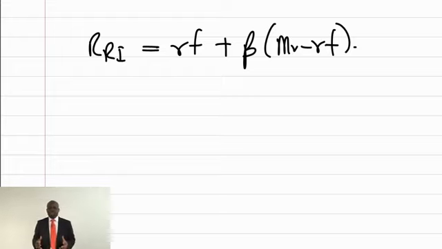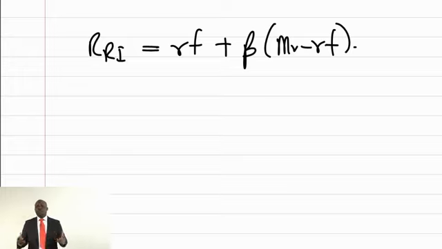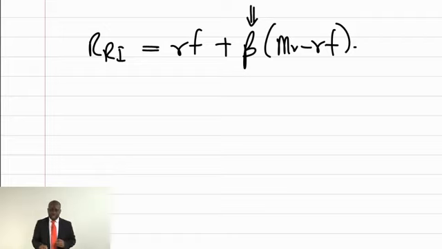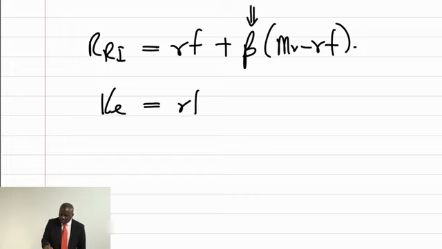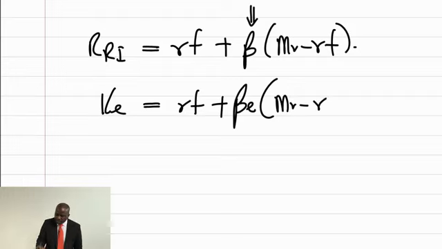I do appreciate that at F9 level we're using CAPM to calculate only cost of equity. It is not used to calculate only cost of equity. It is used to calculate the return on a risky investment, for which equity is one. The determining factor is the beta that you are putting in here. So my cost of equity is risk-free plus the equity beta, market return minus risk-free.